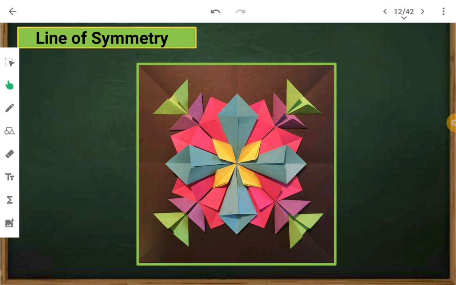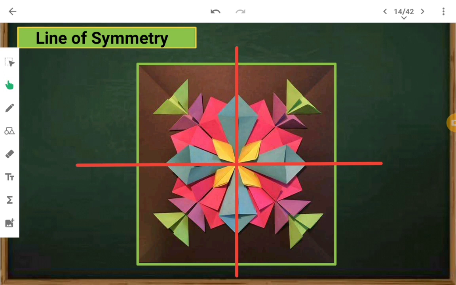Now, you may guess a line of symmetry for this craft. This is like a wall art, right? Where you can see the line of symmetry. If I am folding it in this way, I can get the line of symmetry. This one is a vertical line of symmetry. Or else, if I am folding over this way, that is a horizontal line of symmetry.